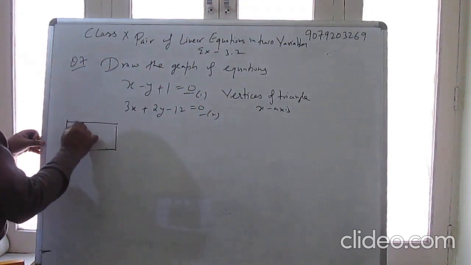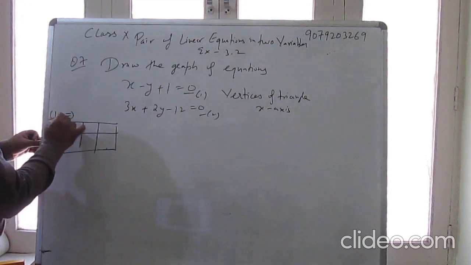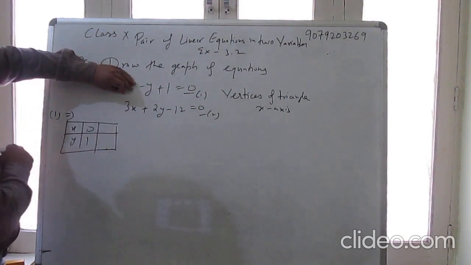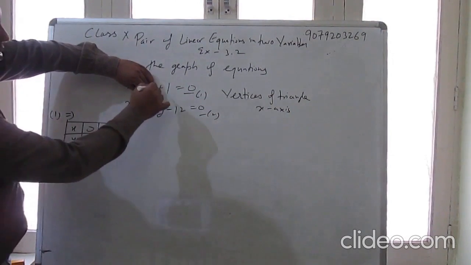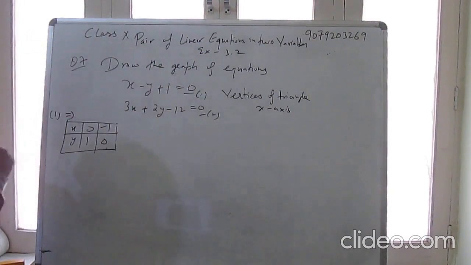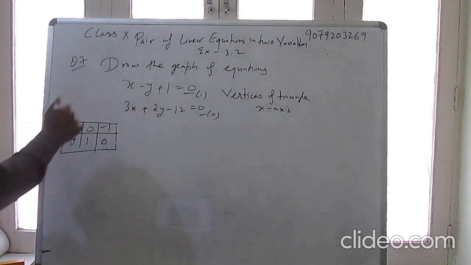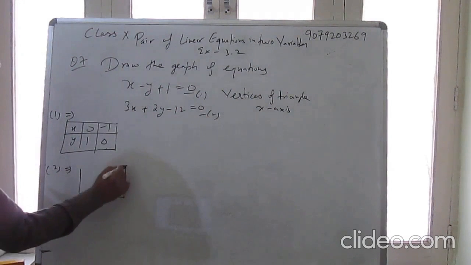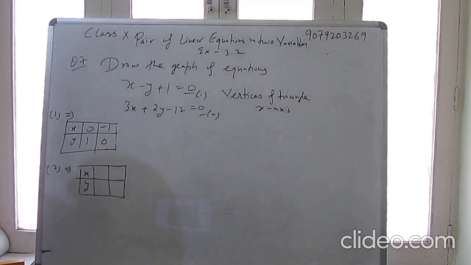Table for the first equation. If I take x is equal to 0, then y is equal to 1. If I take y is equal to 0, transposing the 1 gives x is equal to minus 1. You can substitute it here, it will be 0. Now the second equation, table for the second equation, x and y.